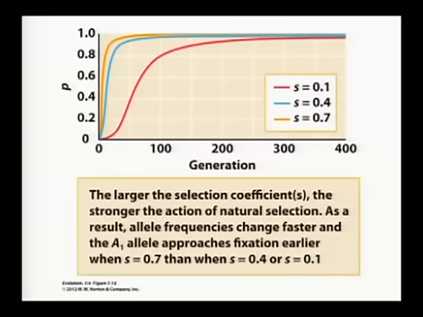So here's an interesting quantitative result: it doesn't take 1 million generations to move from very low frequency to very high frequency. It takes a couple hundred generations if you have moderately strong selection. Of course, if you have super strong selection like 0.7, then after 50 generations, it's really up there.